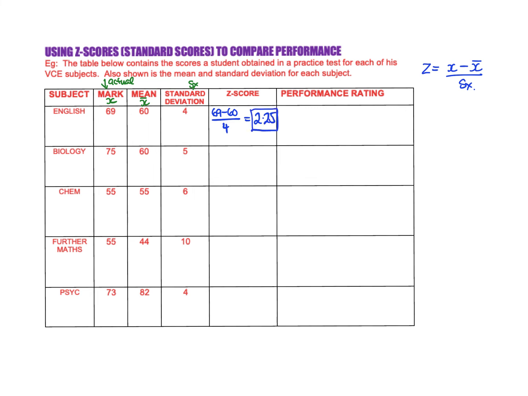Okay? So what do we mean when we talk about their performance? If you think about that bell shape, here's his mean, and if I have 1 standard deviation, 2 standard deviations, at 2.25 they're somewhere here, aren't they? They're sitting up here. So when we're talking about their performance, we just go to the nearest one that they're above.